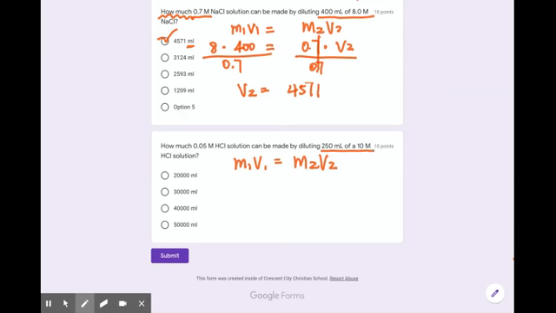Original solution, 10 molarity times original volume 250 equal new molarity 0.05 times the new volume you're looking for. Divide both sides by 0.05 and use a calculator. 250 times 10 divided by 0.05 is 50,000, which is this one.